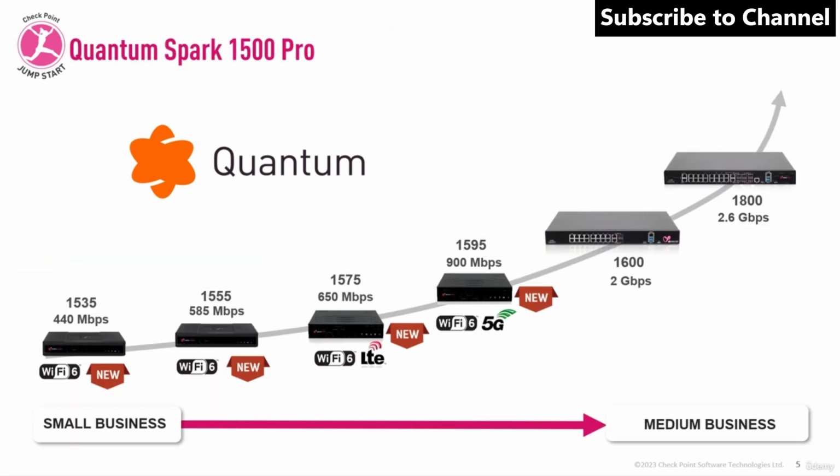And if we zoom in on the small to medium businesses appliances, we can see these beautiful appliances. For example, the 1535, which can support up to 440 megabit per second and supports Wi-Fi 6. And up to the 1595, which can support 900 megabit per second, Wi-Fi 6, and a 5G network. Amazing.